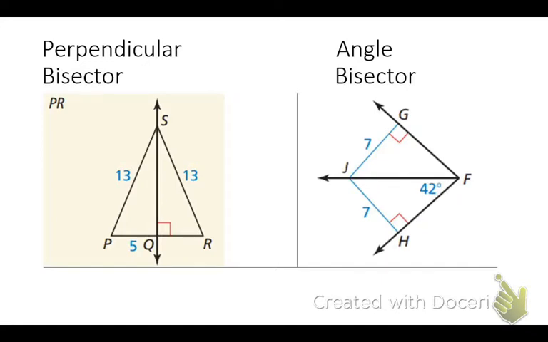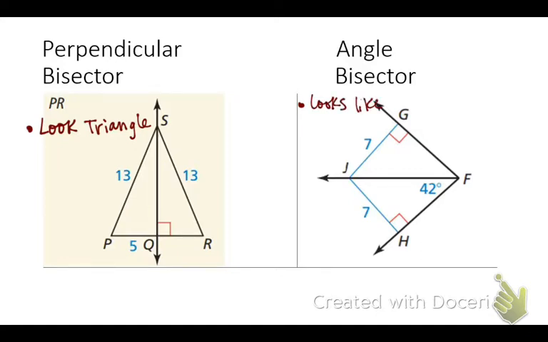First off, how do they look different? One is closed, one is open. That's cool. You can write that down. What does this shape look like? Looks like a triangle. So perpendicular bisector really looks like a triangle. What does an angle bisector look like?